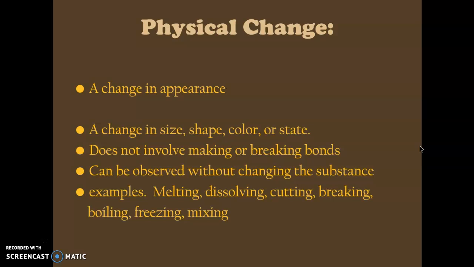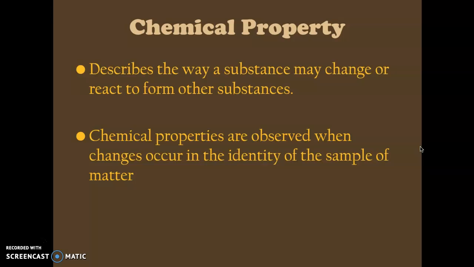Next definition. Chemical property. All right, now we're getting to the important stuff. Actually, physical changes and physical properties are important, but when we think about chemical reactions, we need to know about chemical properties. So a chemical property describes how a substance reacts in a chemical reaction.